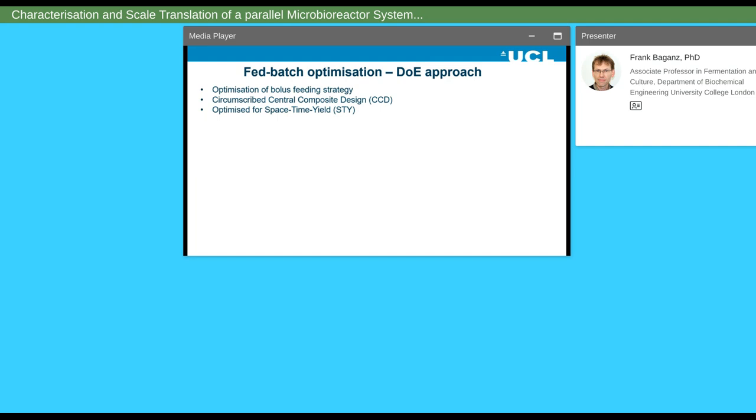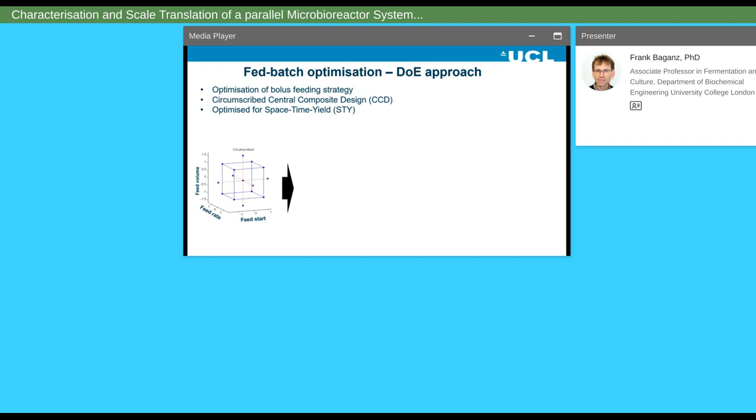Having demonstrated the scale translation of a fed batch process, we used the micromatrix to optimize the bolus feeding strategy. A design of experiment approach with a circumscribed central composite design was employed to investigate 3 factors.